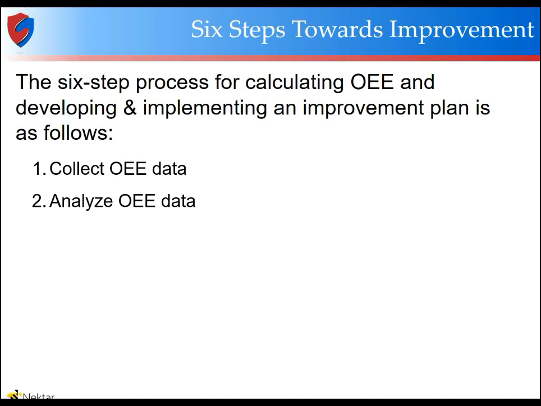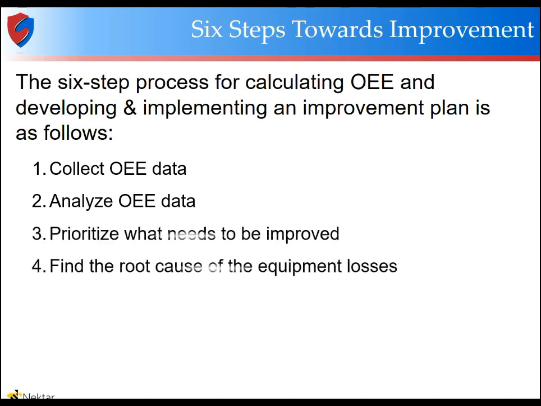This is where we're taking it from raw data to information. We'll prioritize what needs to be improved. Take care of low-hanging fruit immediately. Then look at where we need resources, maybe design changes or whatever. But we have limited resources, and we want to make sure we're using them to the best of our ability. We want to find root causes and not just put band-aids on when we're dealing with these losses. So good root cause analysis is very important.